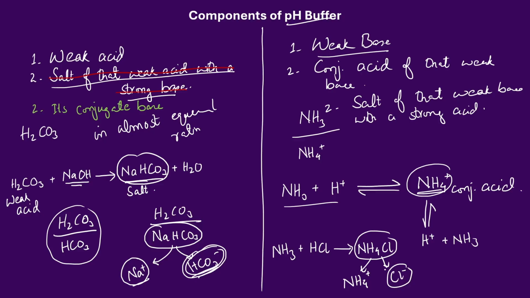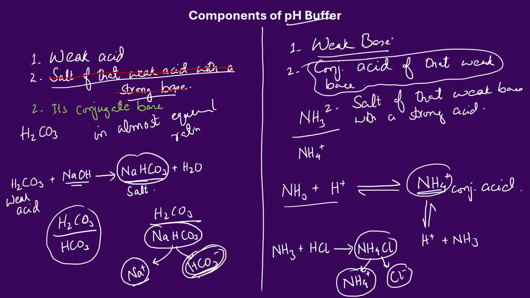Actually, it has some effect in our body. There is something called the hamburger effect, the chloride shift, that we will discuss later, but forget about that for a moment. So this NH4 positive is simply the conjugate acid of that weak base, simple as that. And if you are confused how it works, it's very similar.